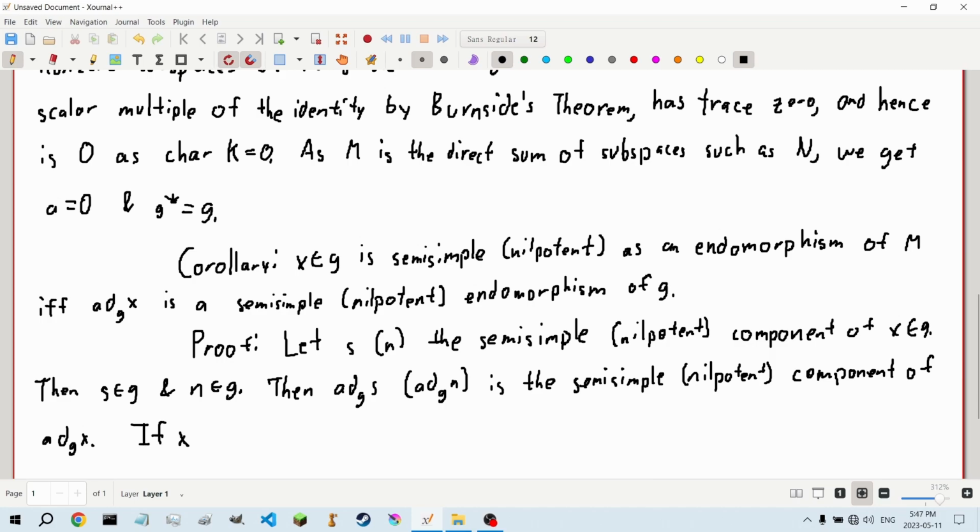If X is semisimple, respectively nilpotent, so is the adjoint in G of X.